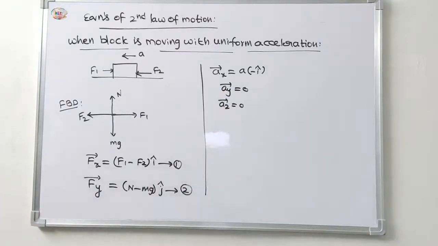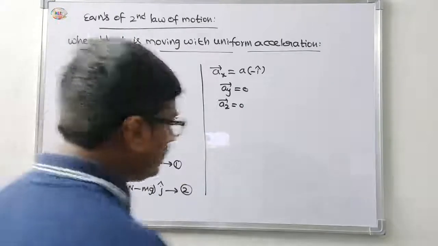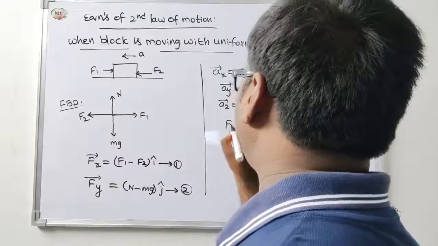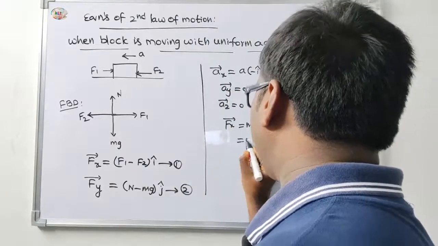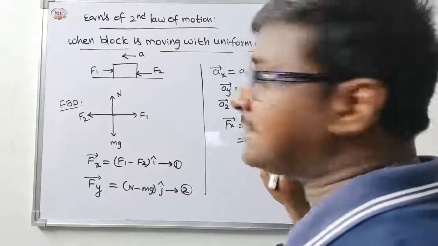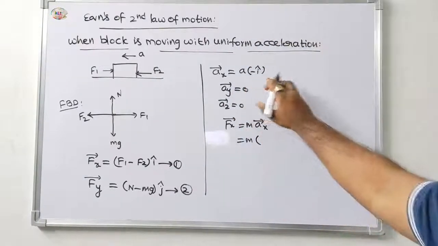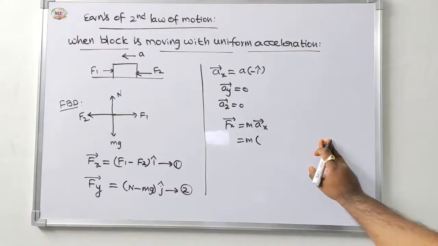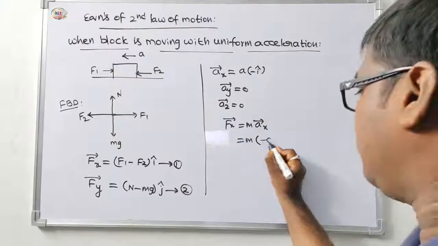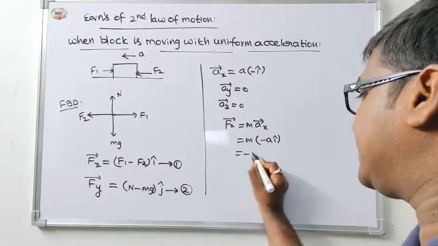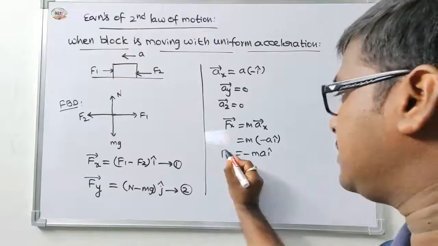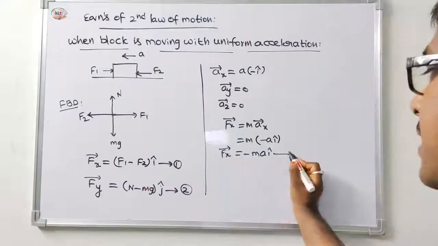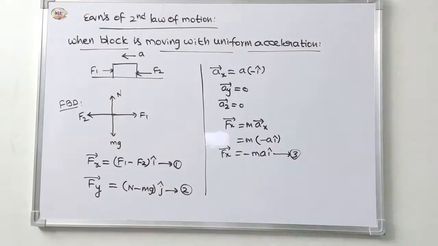Therefore Fx is equal to m into ax, which is m into a into minus i cap, that is minus ma i cap. This is the Fx. This is equation number 3.